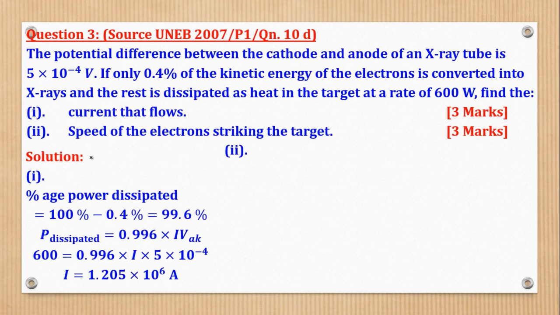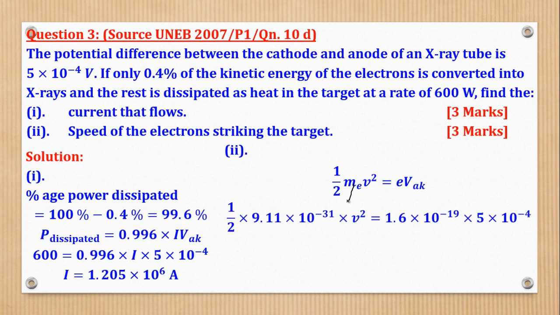That was Roman 1. Roman 2, they want the speed of the electrons striking the target. That means you have to remember that gain in kinetic energy is equal to electrical work done. Then you can substitute. This m, the mass of an electron, is a constant. It is also given on the first page of your examination.